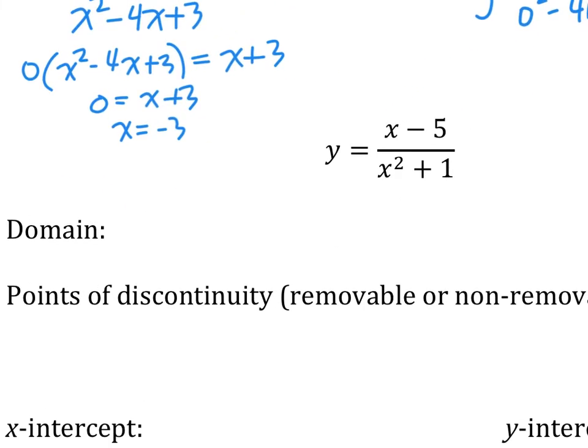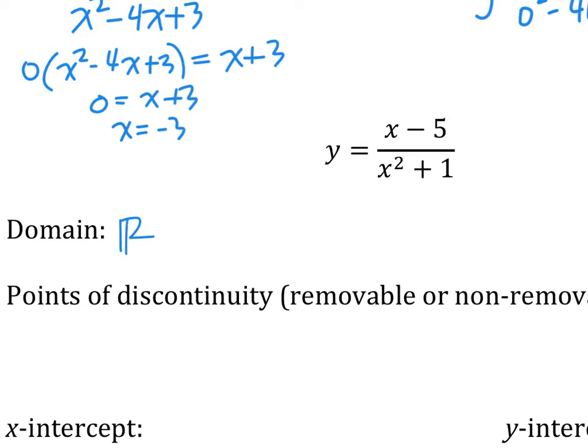Try this one. What is the domain? This is a trick question. Well, it can't be. So what's the domain? Someone said it. Yes, all real numbers.